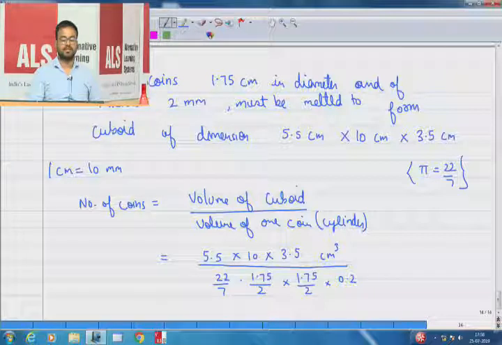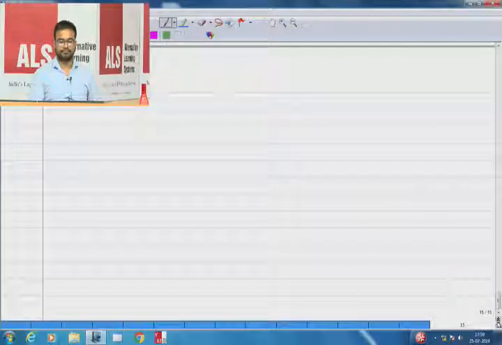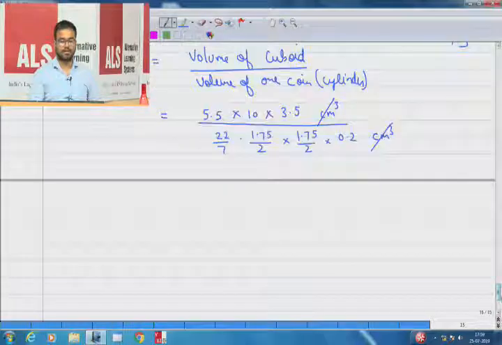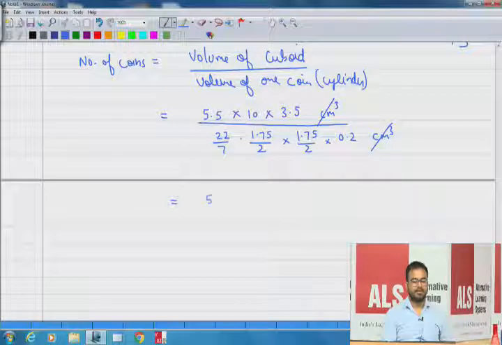Now just simplify this one. This is centimeter cube, so this will get cancelled out. Now you can solve. On the top it is 5.5 into 35. This 10 and 3.5 will get cancelled out. This 2 will cancel out this 11 times.